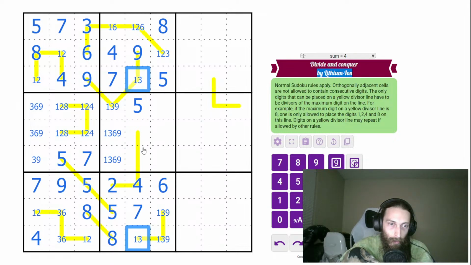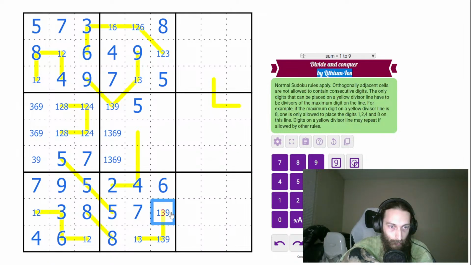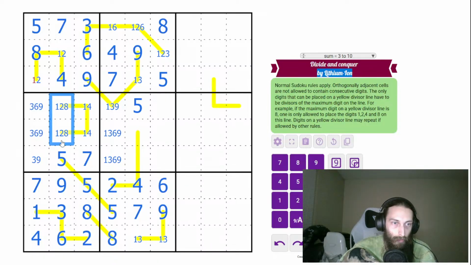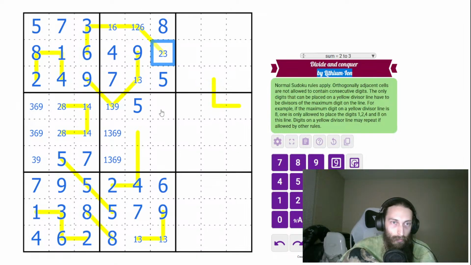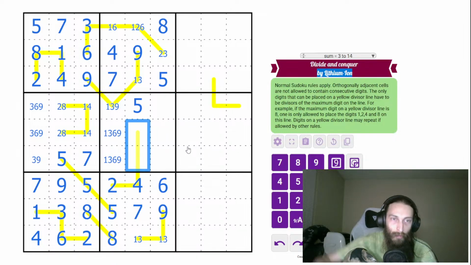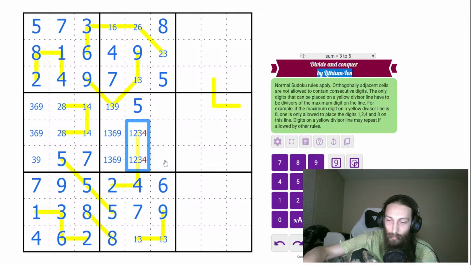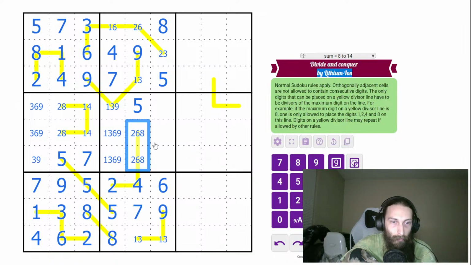Box 7. 1, 3 pair. 3 can't be 4. So 6 and 3. 1 and 2. 9 and not 9. 2s. 1s. 2, 1. Not 1. The 1, 3 pair takes the 1 out of that. 3, 4, 5, 6. Sometimes the 8.